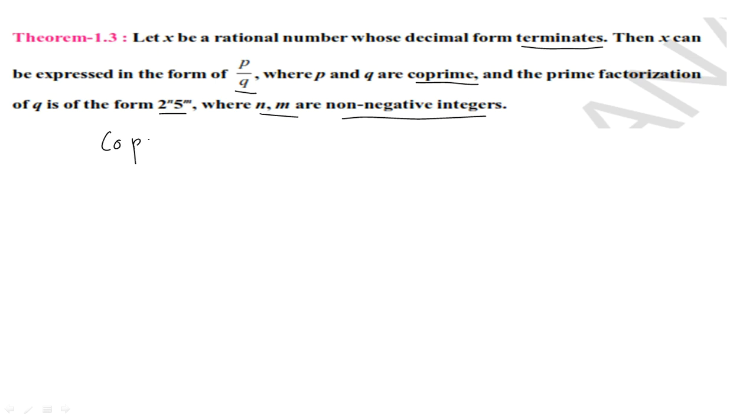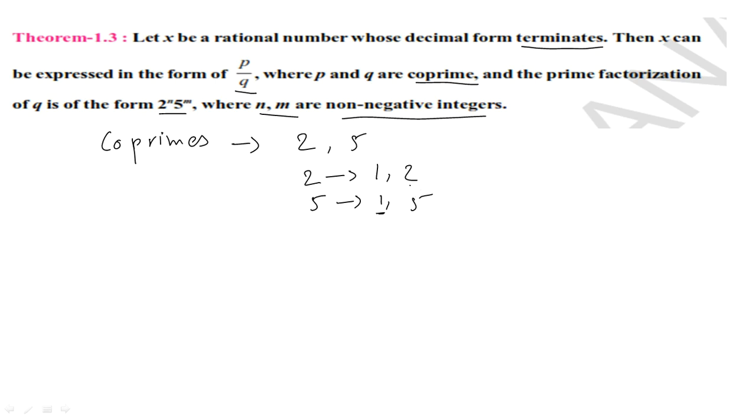What are co-primes? Co-primes are two numbers which do not have the same factors. Suppose I take 2 and 5. These are co-primes. What are the factors of 2? 1, 2. Whereas 5: 1, 5. You will say, ma'am, we have 1 as a common factor. No, except 1.